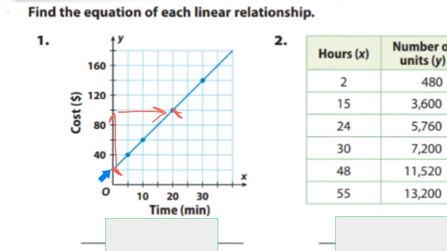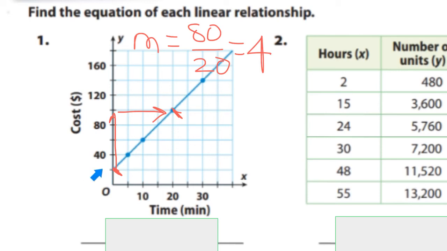So starting here, I'm going to go up 20, 40, 60, 80. So my slope is 80 over, let's see, I'm counting here by 5s. 5, 10, 15, 20. So I'm counting here and I'm going over 20. So my slope, 80 divided by 20 is 4. So there's my slope.